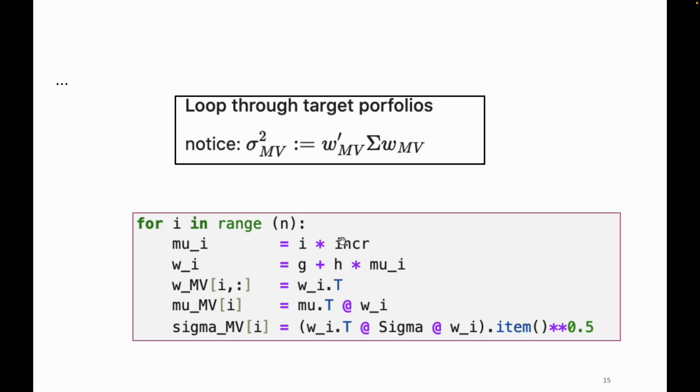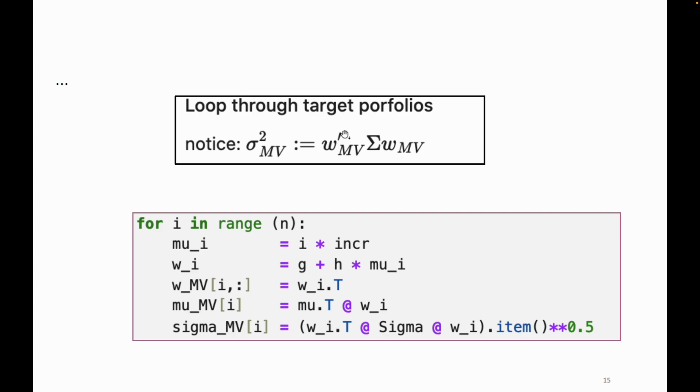One thing to keep in mind, if I compute the variance of a return on the minimum variance frontier, it's defined to be, as you would anticipate, you take the portfolio vector, and in my code and in the algorithm, W is a column vector. So I would take W transpose.